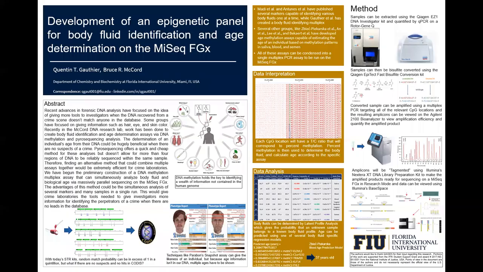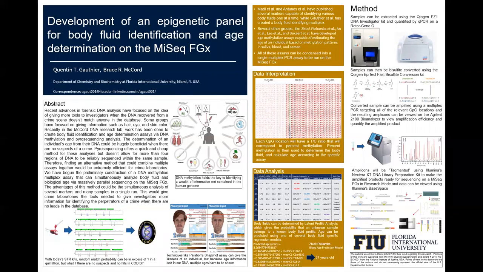Obviously, we can also determine gender based off of amelogenin and the STR kits. But still, one thing that we don't have from our DNA is the age of an individual. And this could be hugely important for any investigation where you don't really have a good idea of who the suspect is. You think it might be someone in their 50s, someone in their 20s. We don't really know yet.